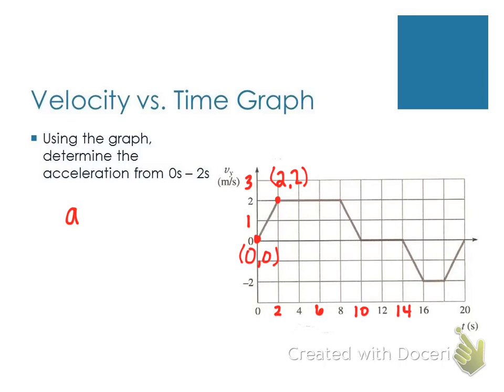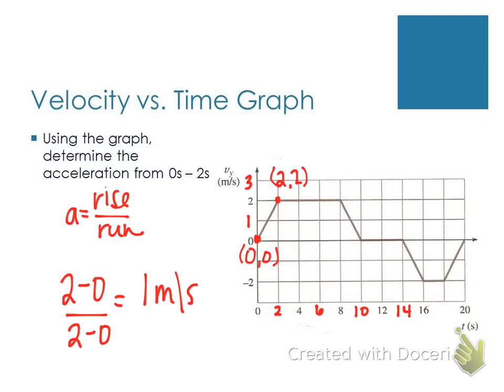Okay, so acceleration equals rise over run for this graph, which means I'm going to take final y minus initial y, so 2 minus 0 over 2 minus 0, and I get 1 meter per second squared. Okay, that's our unit for acceleration.